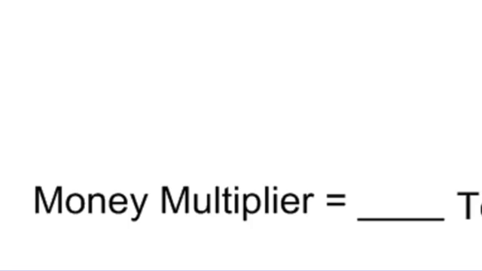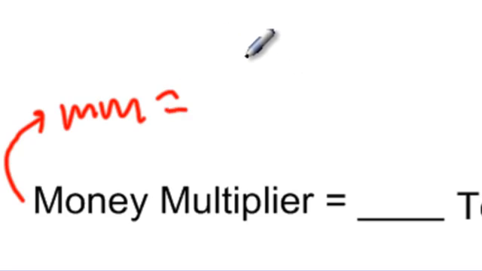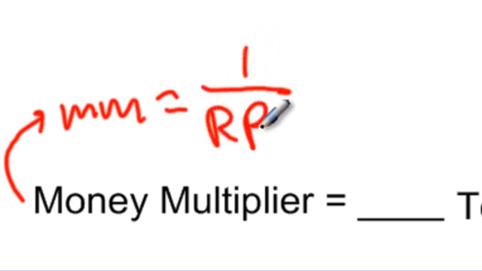In this economy, to determine the total change in the money supply that resulted from the initial change of 1,000 euros, we must calculate what is called the money multiplier. The money multiplier is found by dividing 1 by the reserve ratio.